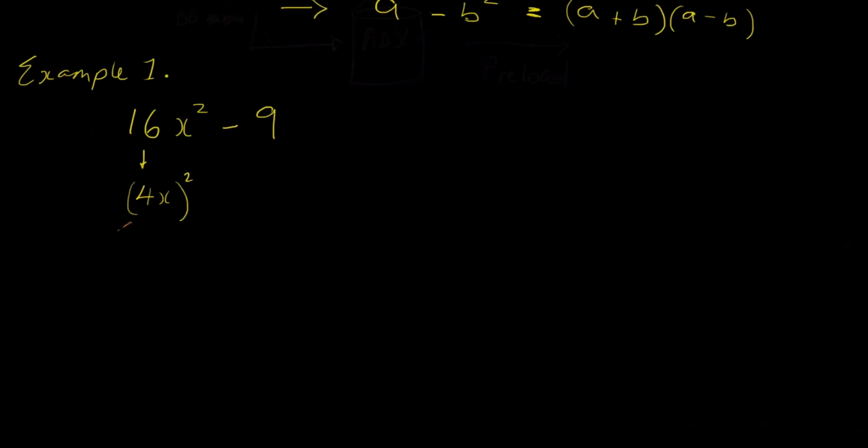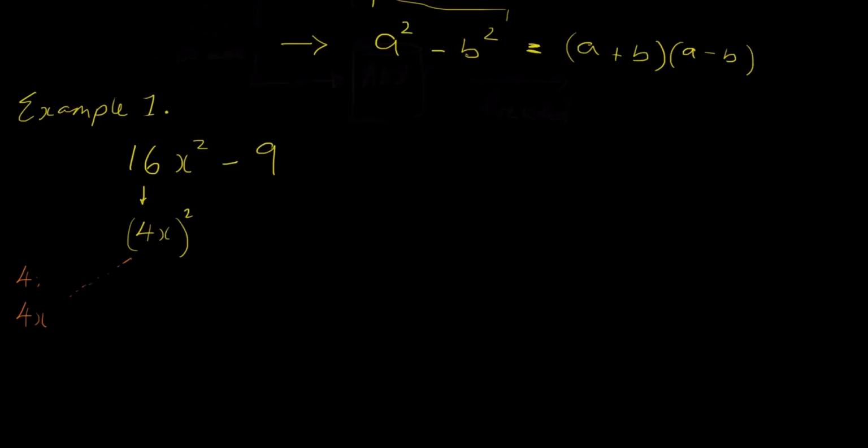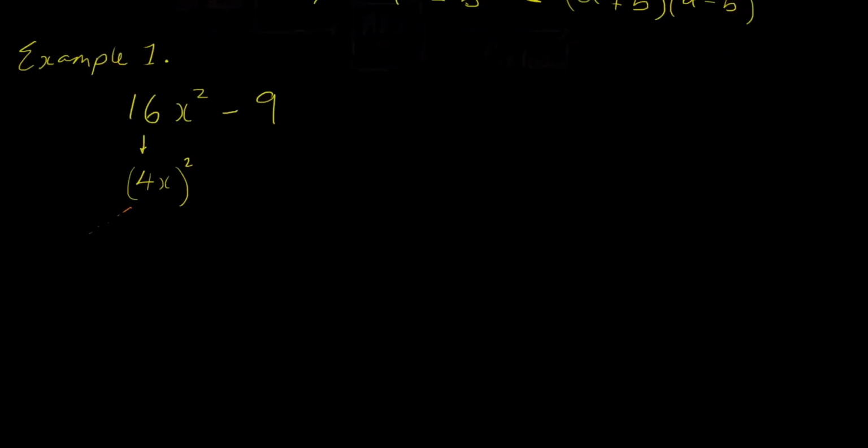This just means 4x whole squared multiplied by 4x again. If I multiply the brackets out, the 4 times 4 is 16. X times x is x squared. So I can express it this way. And remember, it's just a different way of showing this. Okay, that's what that means.